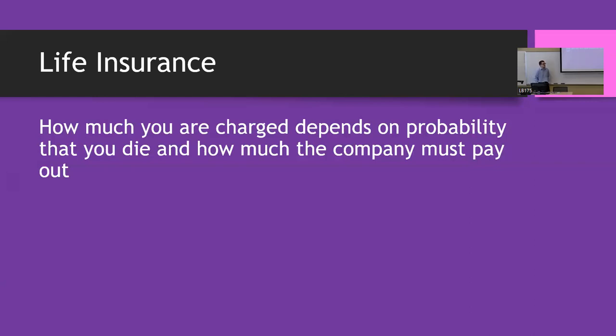So let's say I buy $200,000 worth of life insurance. What that would mean is that in the event that I die, my family would get $200,000. And what happens if I live? Well, they don't get anything. And for this insurance, I have to pay a certain amount every month.